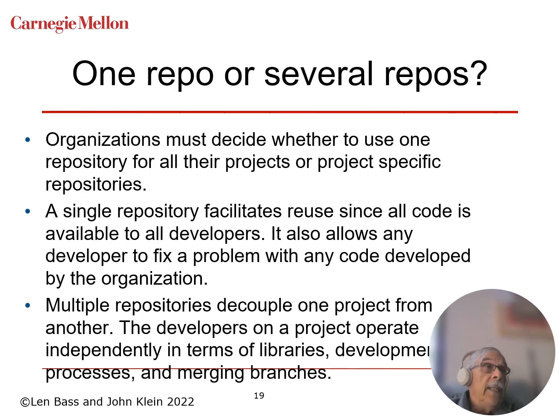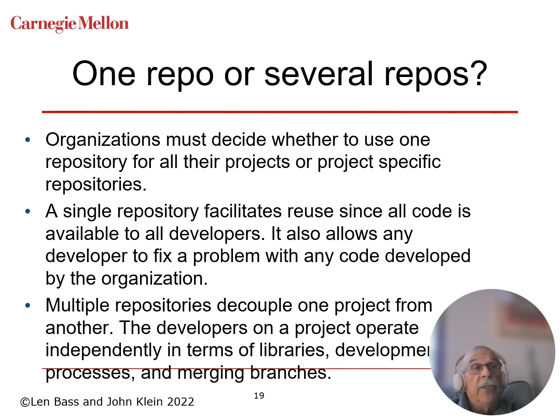And then an issue becomes with version control systems, do you want to have one repository or multiple repositories? And that's an organizational decision. If you have one repository, then it maintains all the projects. The virtue of that is that any developer can get access to any code, again, if you can control that with access controls.